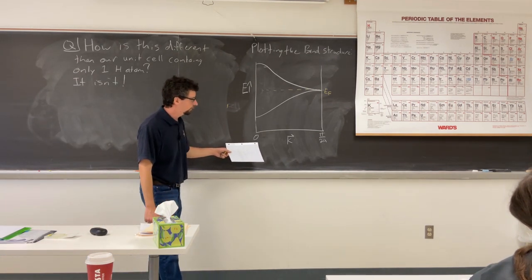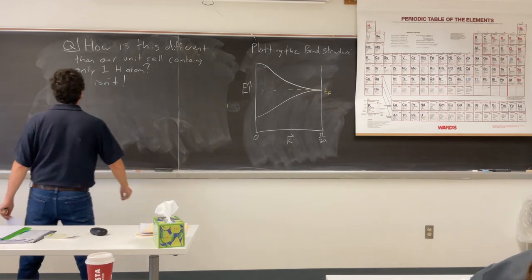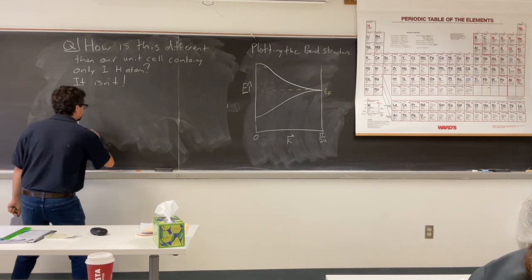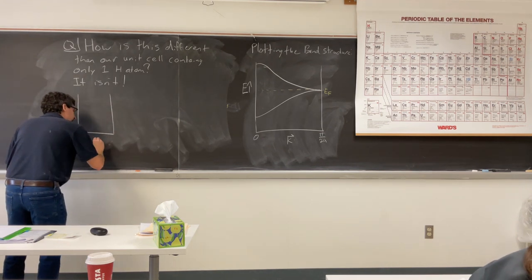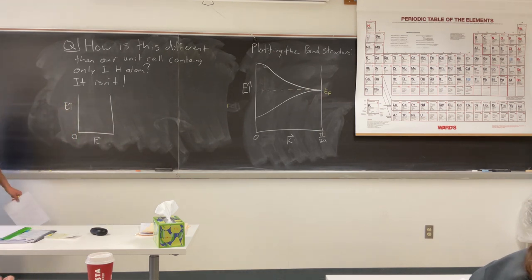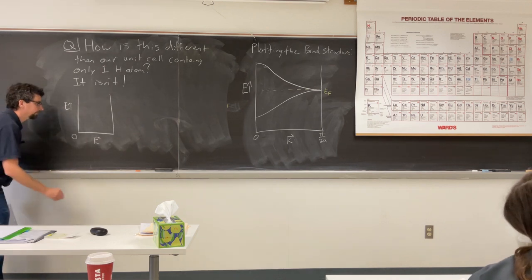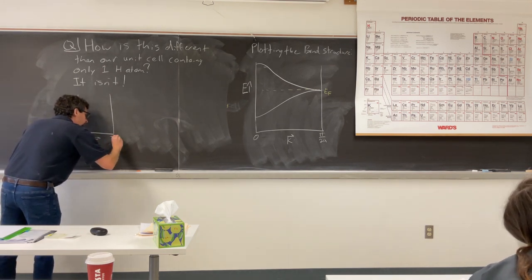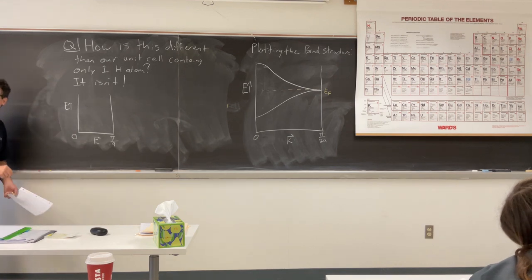I'm going from 0 to what? Now let's say we were drawing a band structure for the system that had 1 atom in the unit cell. What range do I go to? And then what does the band structure look like?